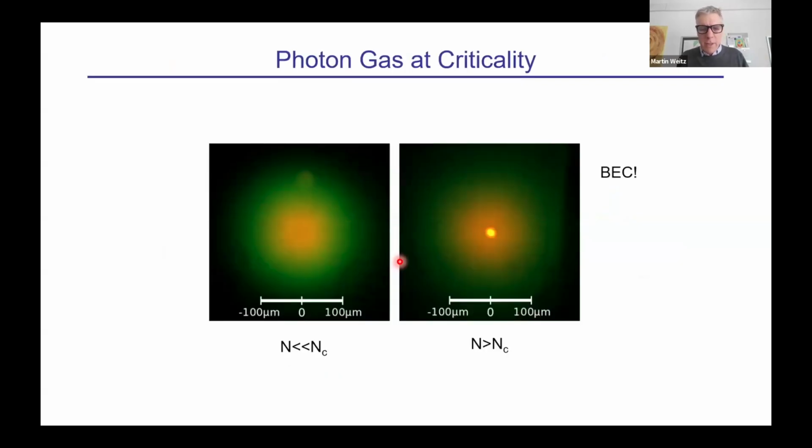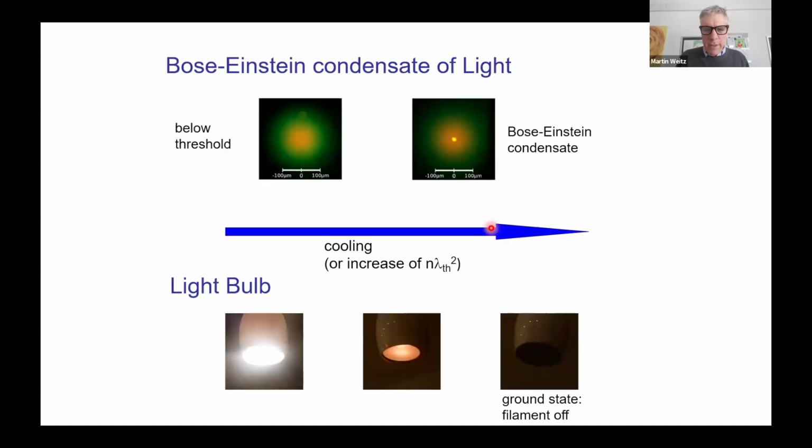And more recently, we then tested whether we can have a BEC. For that, we had to increase the output power and put in more photons. And we indeed see a peak in the center that we attribute to the BEC, in addition to the thermal cloud. So basically, other than a black body radiator, the photons do not go away when we cool.